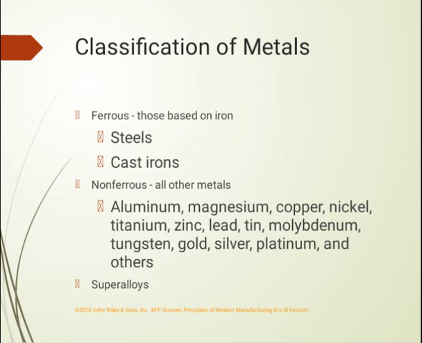Classification of metals. Ferrous and non-ferrous are the two basic types of metals. Ferrous metals include steel and cast iron. Non-ferrous metals are those other than iron, for example aluminium, magnesium, copper, nickel, titanium, zinc, lead, tin, molybdenum, tungsten, gold, silver, platinum and others.